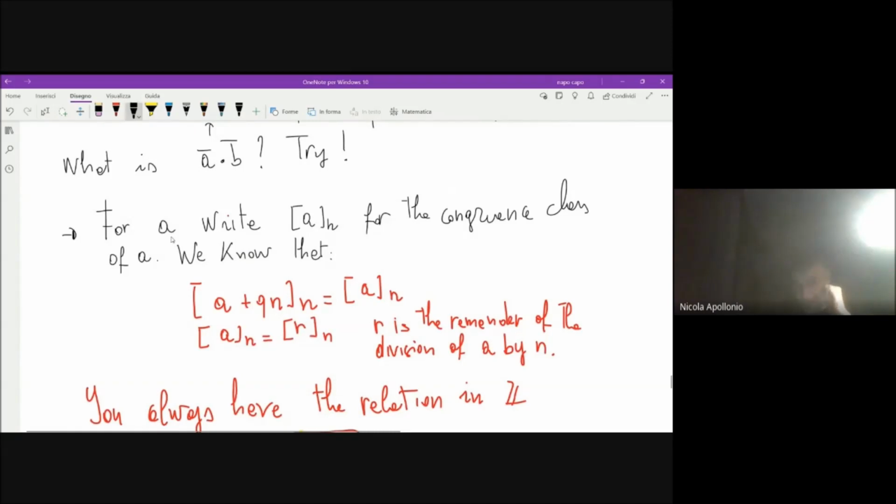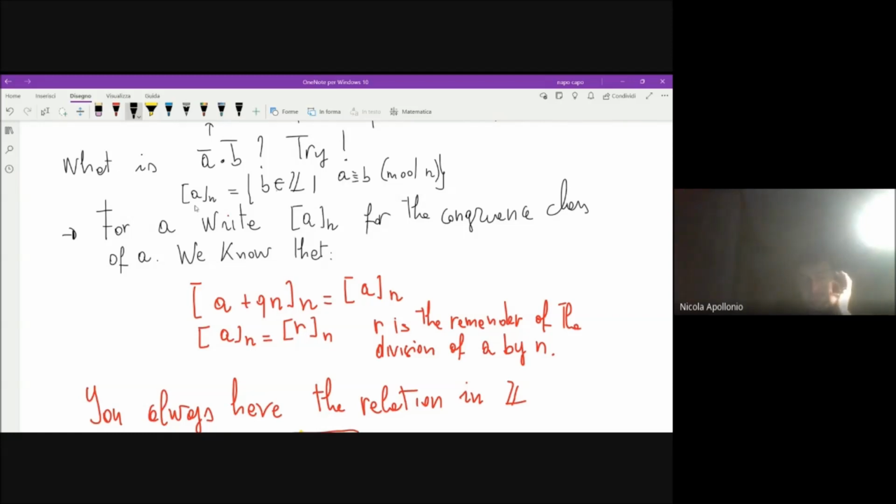If I write [a]_n, I mean the set of all b in Z such that a is congruent to b modulo n.